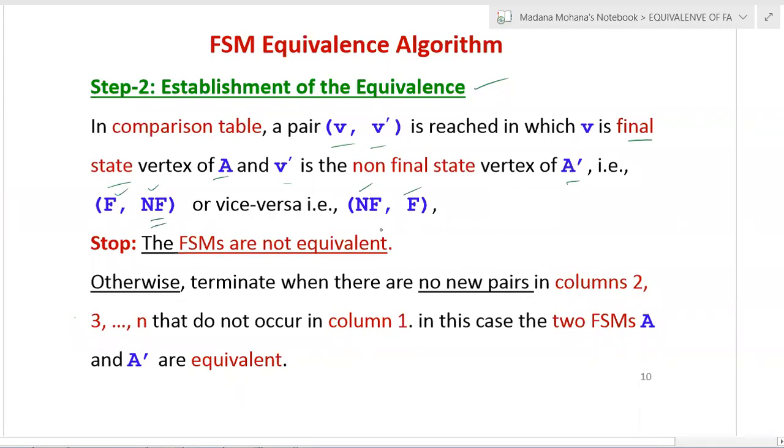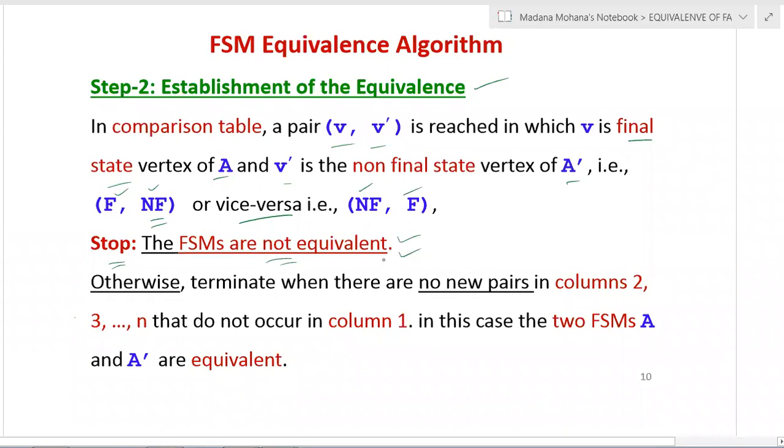So whenever a pair exists with a final state of the first machine, comma, a non-final state of the second machine, or vice versa, a non-final state of the first machine, comma, a final state of the second machine, any one is enough. In this case, you simply have to stop. The FSMs are not equivalent.